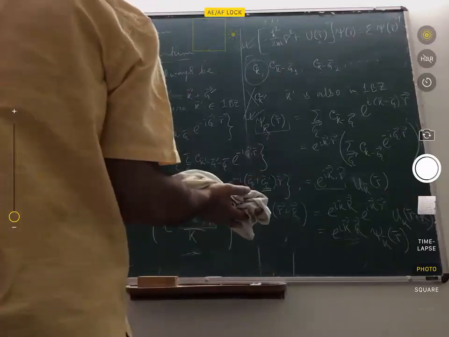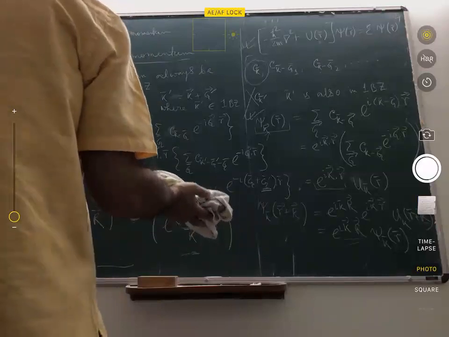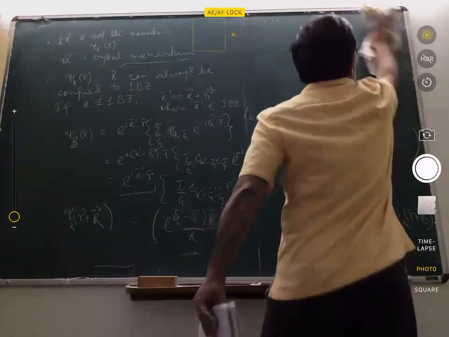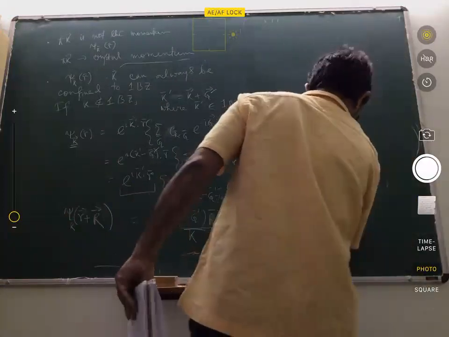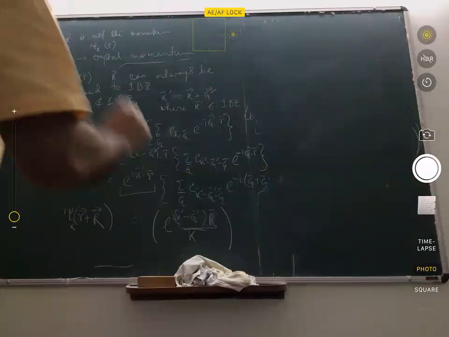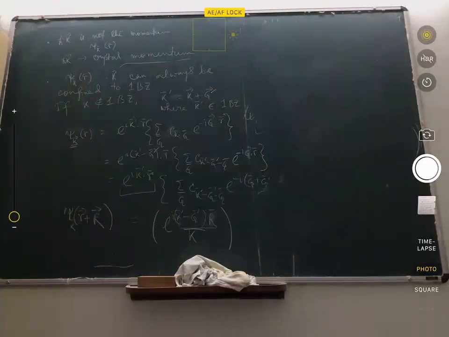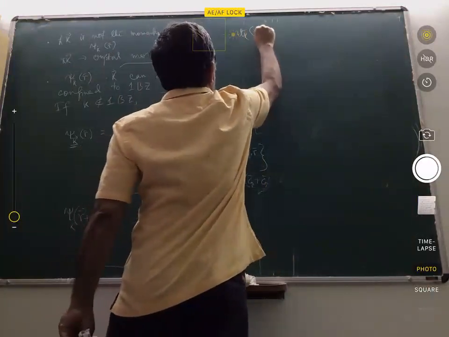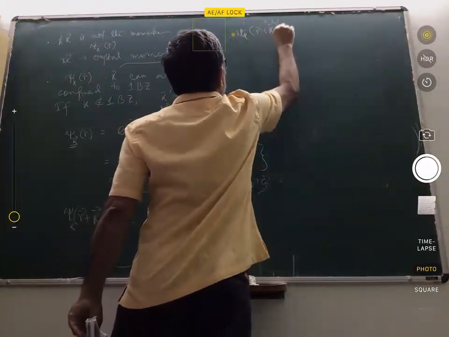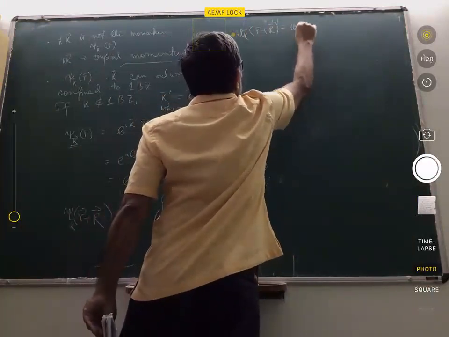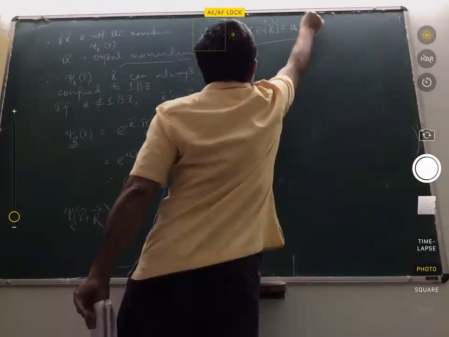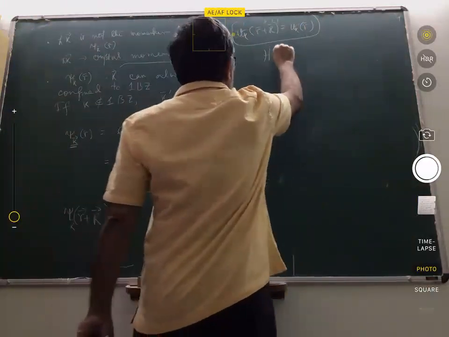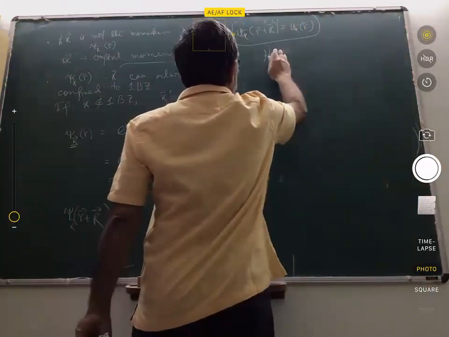Let us see what eigenvalue equation I get. Remember that U is a lattice periodic function, so U(r + R) is U(r). Now I apply the Hamiltonian on this wave function.